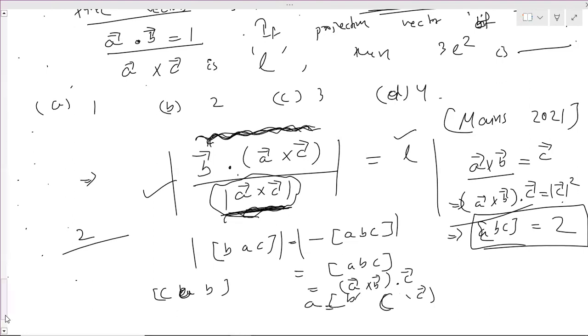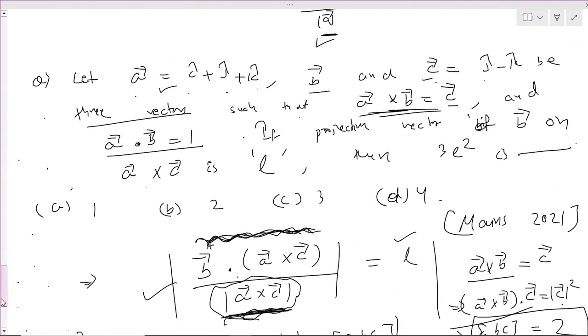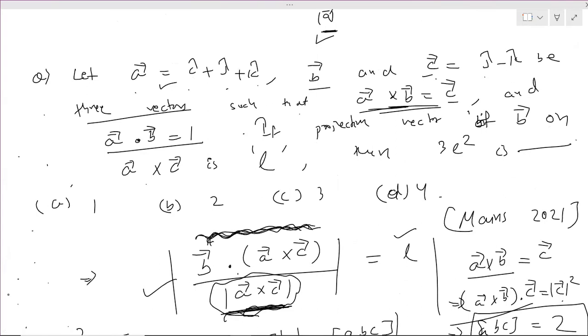Now, if you cannot think of this, then you have to assume a vector B, then do this, and you'll get the value of B. Then you have to find the projection. That will be very lengthy. Always remember, in JEE Mains, questions will not be very lengthy. You just have to know what you have to find. So what we did, we started with the end, what they have asked.